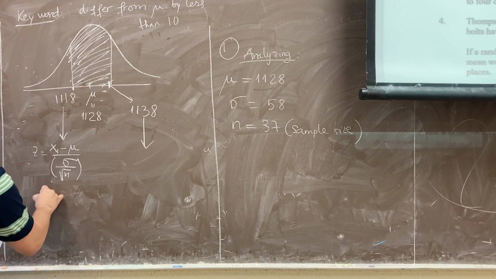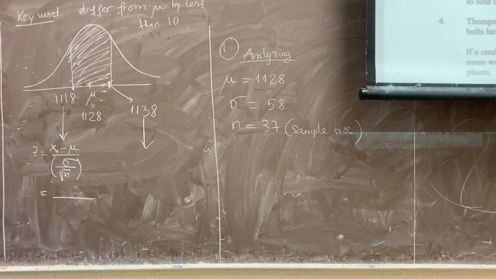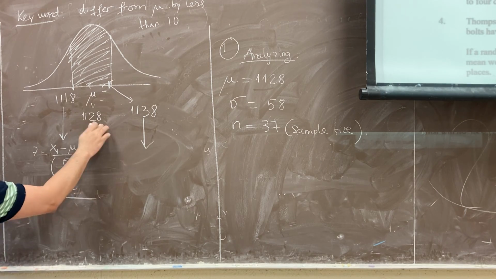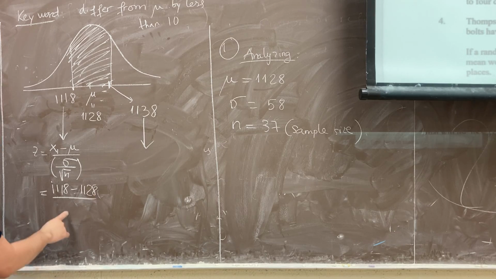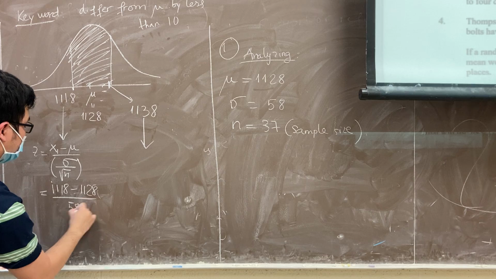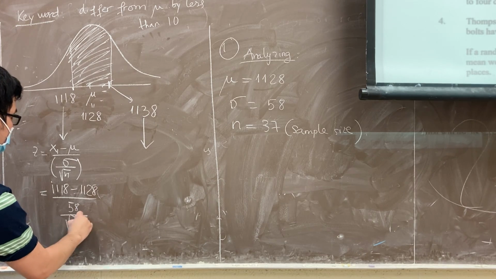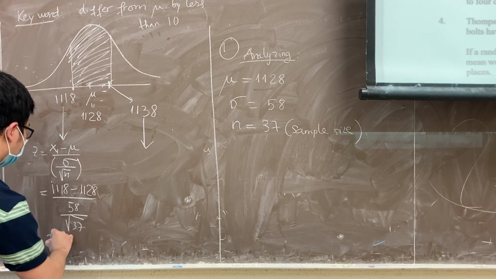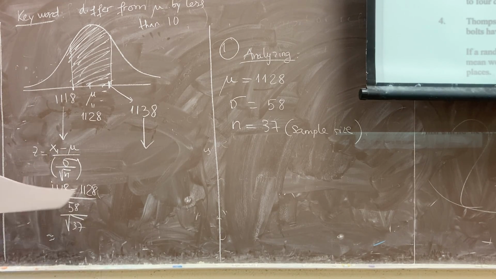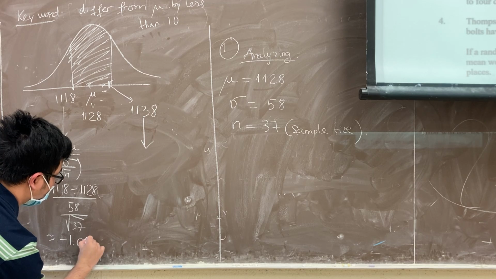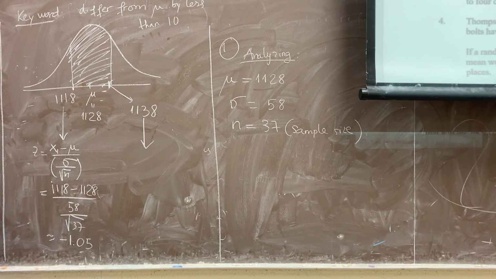Relating this, x1 here is 11.28, sigma here is 58, and the sample size is 37. After that, you use a calculator to calculate the approximate value, so you will get approximately negative 1.05.